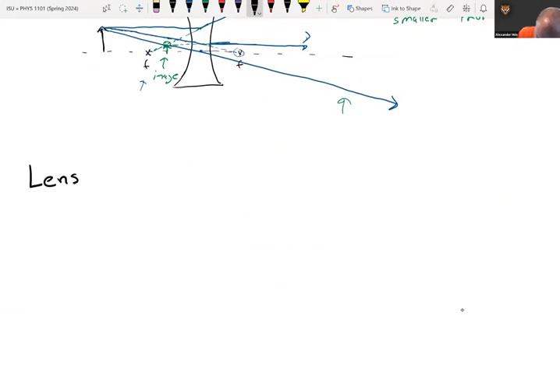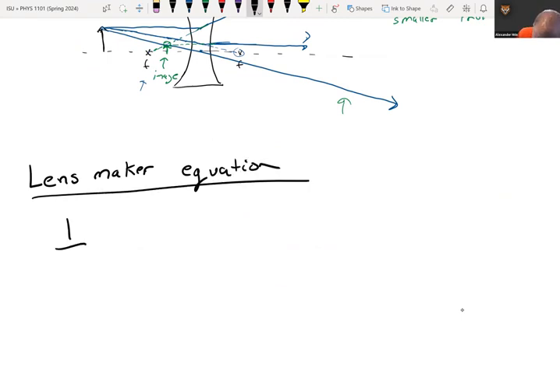So the first is the Lensmaker equation. And it looks like this: 1 over d object plus 1 over d image equals 1 over the focus. So I believe I have all the signs right there. I just want to make sure of that.